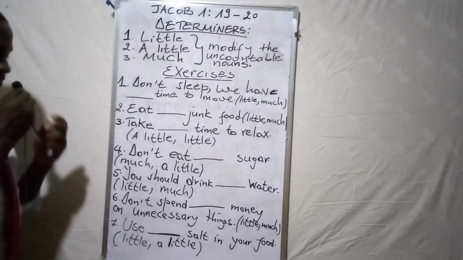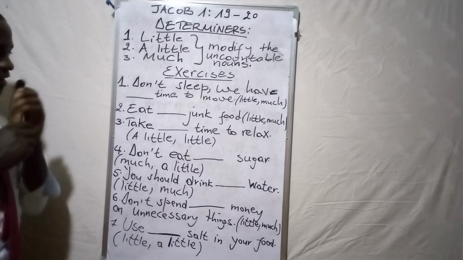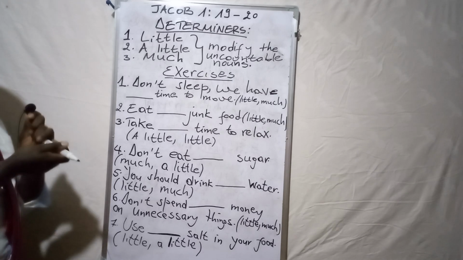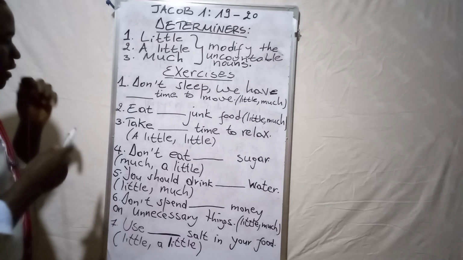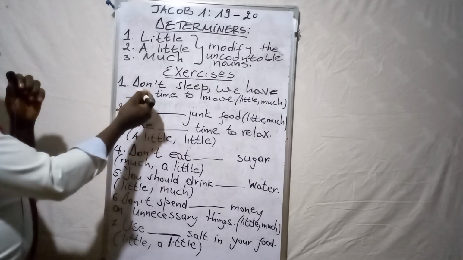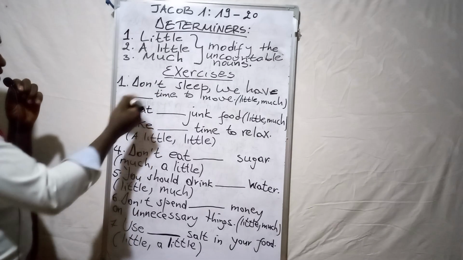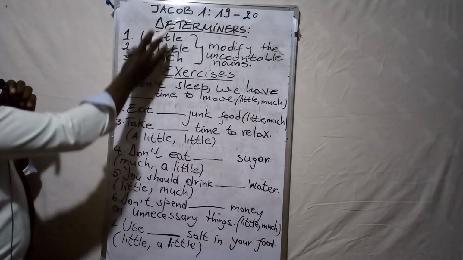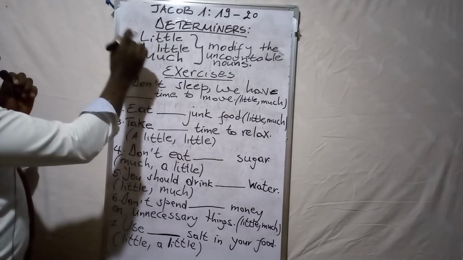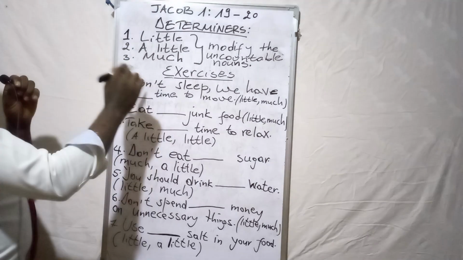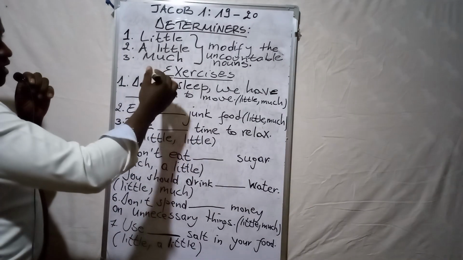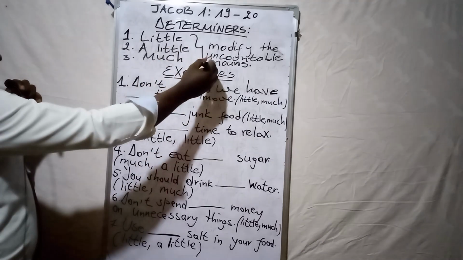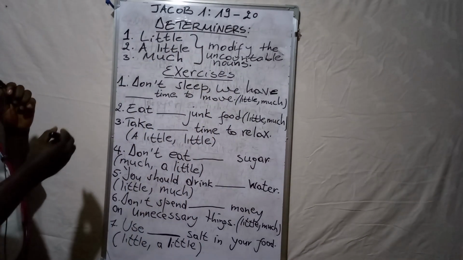Which answer can you put there? Here we have a negative. It means, which of these determiners do you use to show the small degree of an uncountable noun?